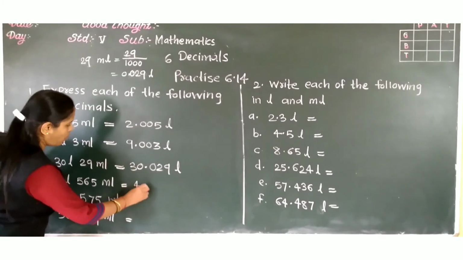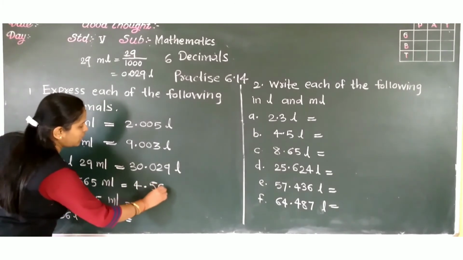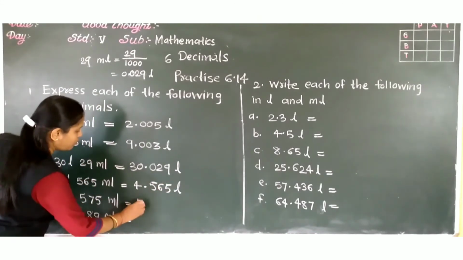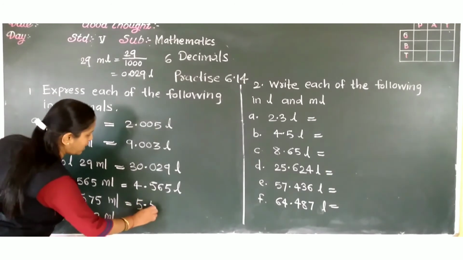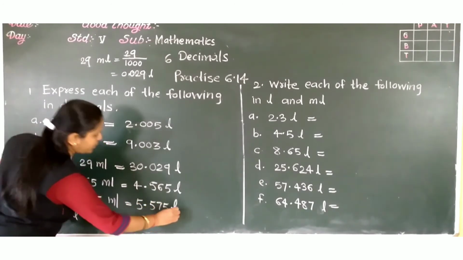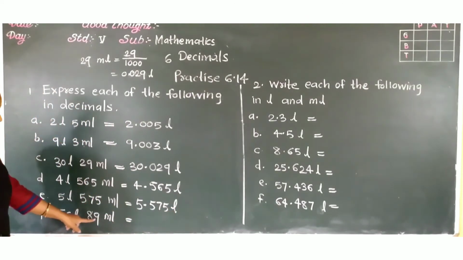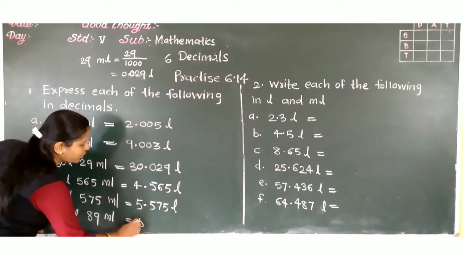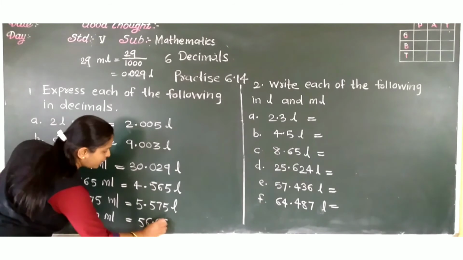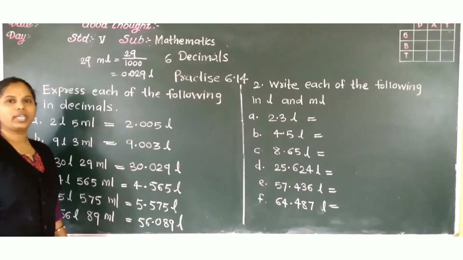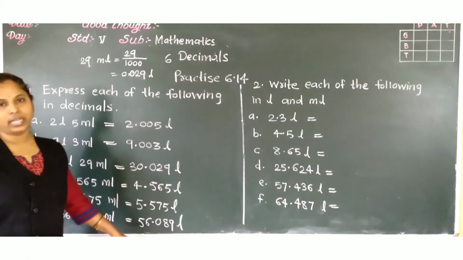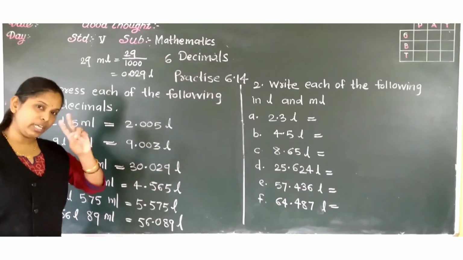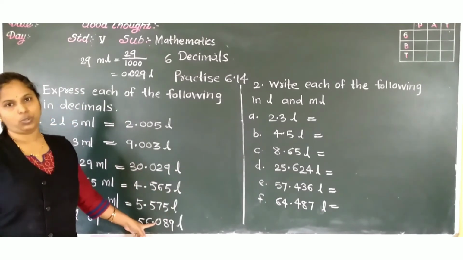So how to write? 4.565 liters. Next 5 point, already 3 digits are there, so directly we can write 5.575 liters. Now here 56 liter 89, only 2 digits, so we write it this way: 56.089 liters. Okay. In the decimal part, while writing liters, 3 digits should be there. So if only 2 digits are there, then you will have to write 0 before.